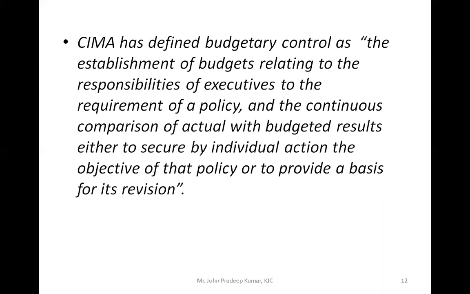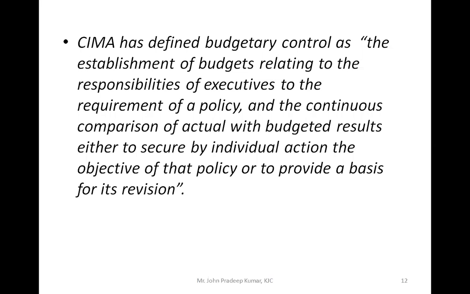That is budgetary control. And we have the CMA definition also: the establishment of budgets relating to the responsibilities of executives. That's why I told you about the 5 people we can see in the picture. Each executive is given a responsibility to maintain the budget, and within the budget they have to perform their functions, to the requirement of a policy, and the continuous comparison of actual with the budget results, either to ensure by individual action the achievement of that policy, or to provide a basis for its revision.